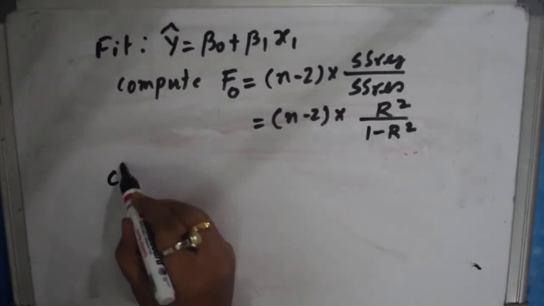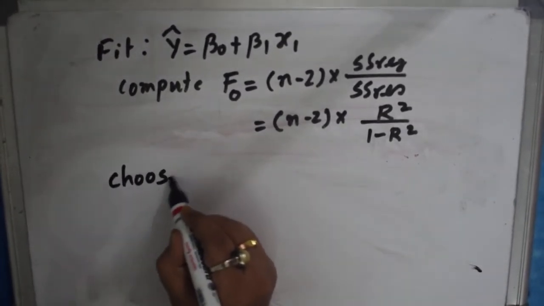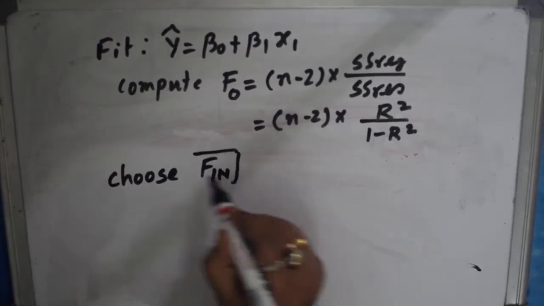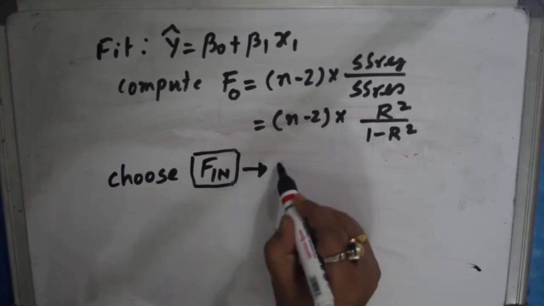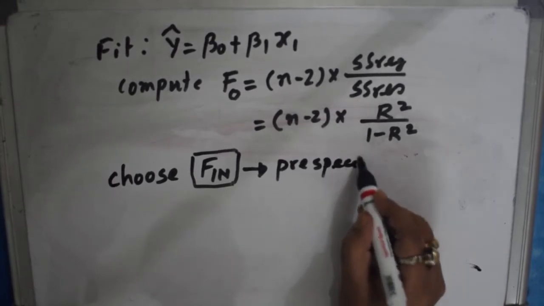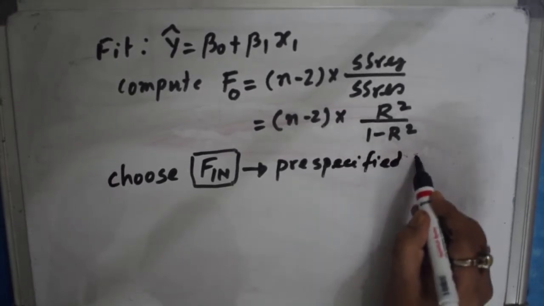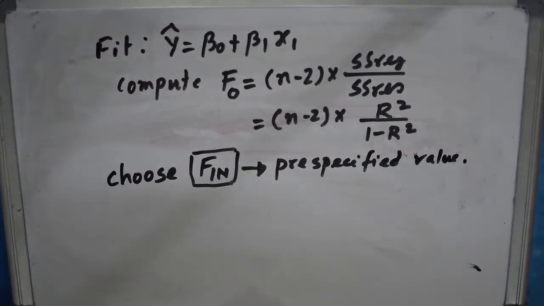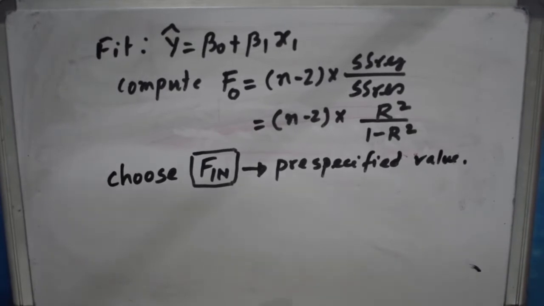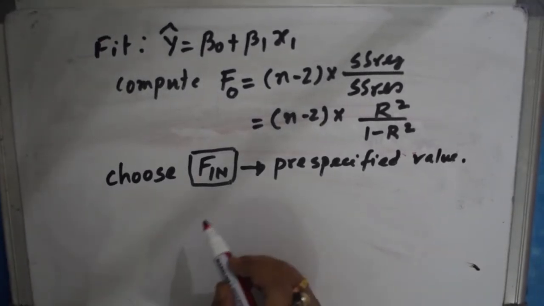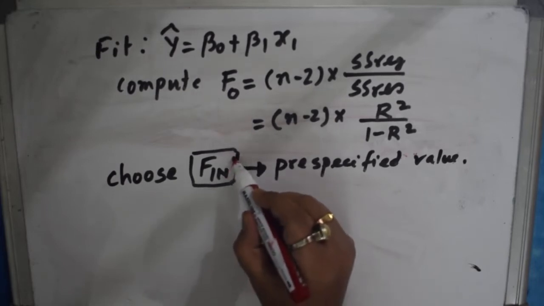Now choose Fin. This is a pre-specified value, which depends on the experimenter or practitioner.